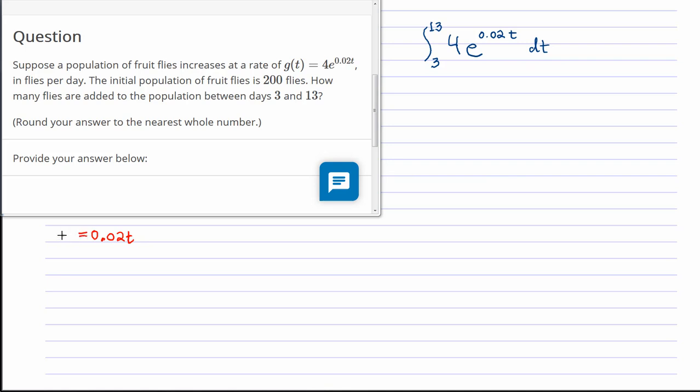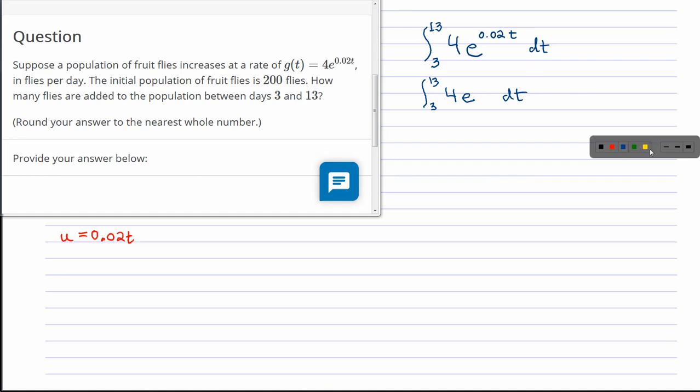And whenever I see something like that in my integral, I think, oh, that's a job for u substitution. So I'm going to take that 0.02t and I'm going to replace it by the letter u. So my integral is going to become the integral from 3 to 13 of 4 times e to the u.